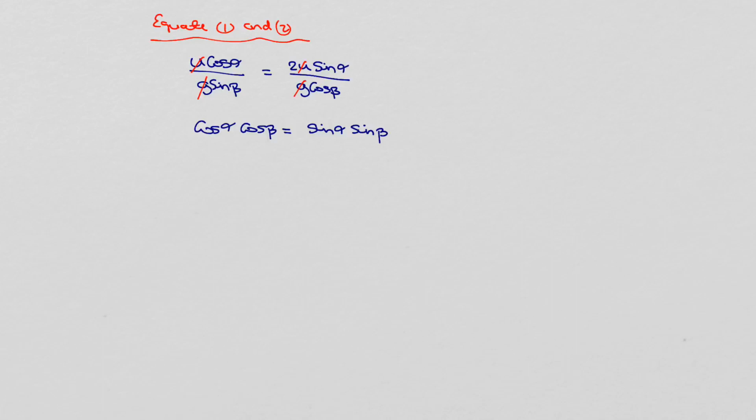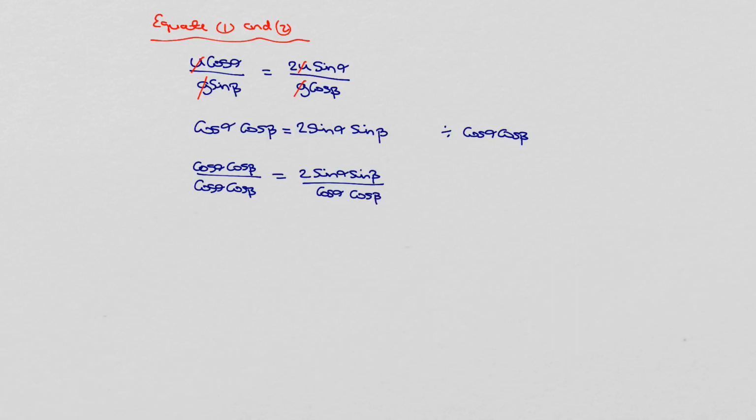And now what I want to do is divide both sides across by the, oh sorry, I have a 2 there as well, don't I? 2. So if I divide both sides across by my cos alpha cos beta, then I'm left with cos alpha cos beta over cos alpha cos beta is equal to 2 sine alpha sine beta over cos alpha cos beta.